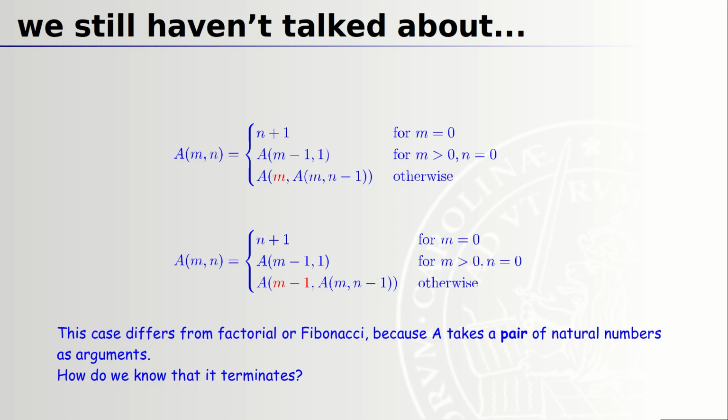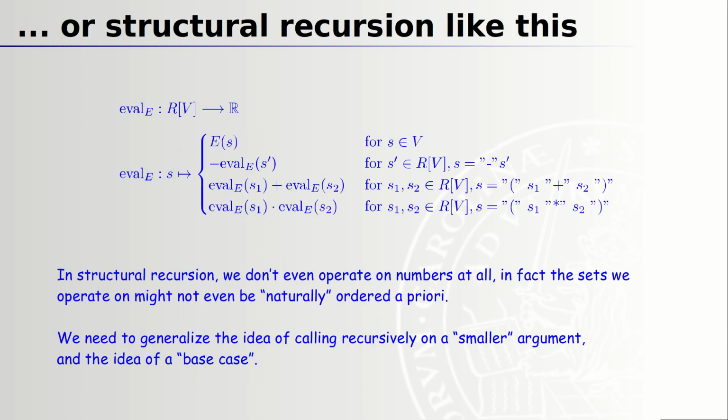How do we know, for anything but the simplest cases of recursive functions, that they are well defined and will terminate? This of course includes structural recursion from the previous segment. In this example, operating on strings constructed by rules.